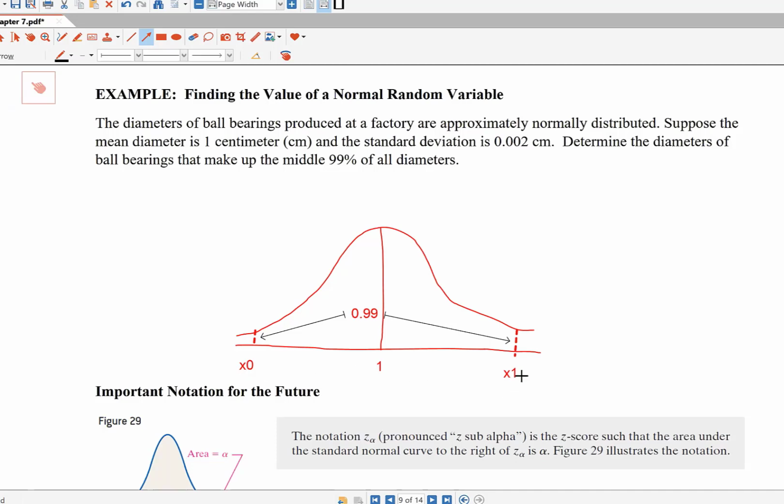What that implies, by the way, is that this area is going to be 0.005 and that area is going to be 0.005. So now we're going to go to StatCrunch to find the value of X0 and X1.